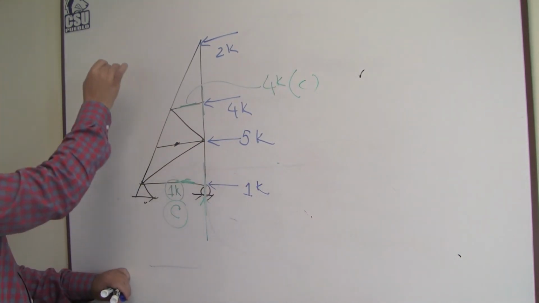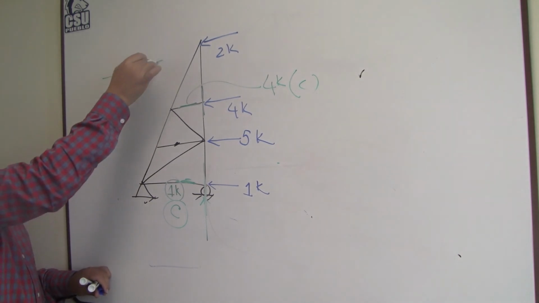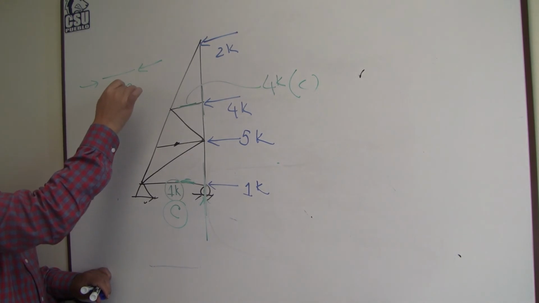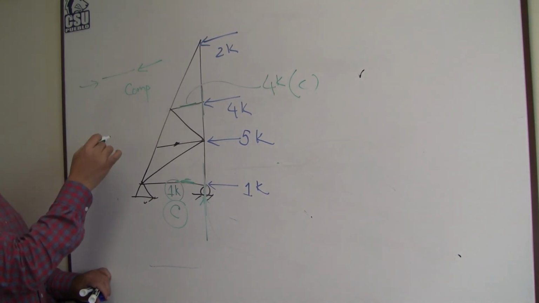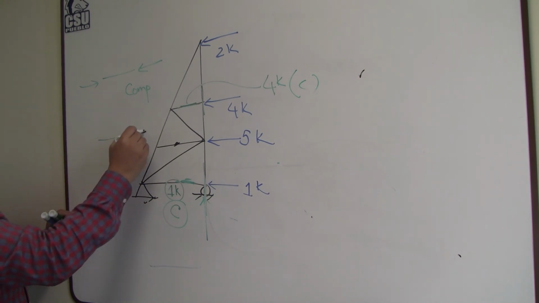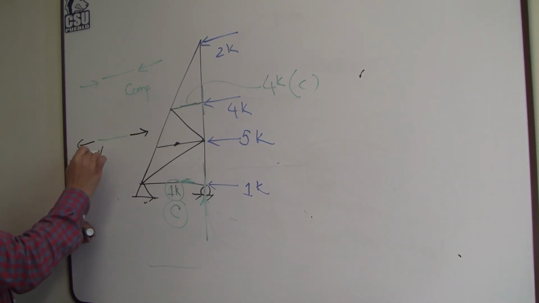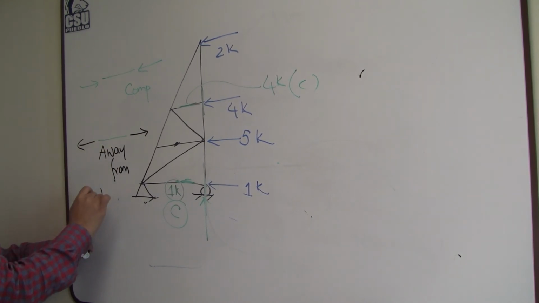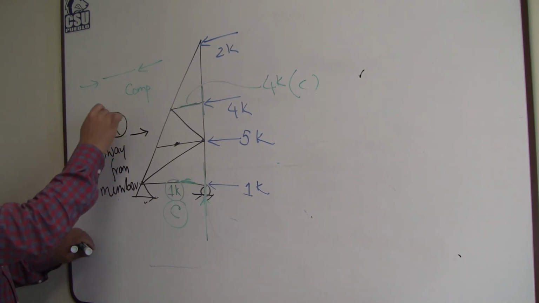Again, to clarify, the member is here. If the force comes towards the member, it is compression. If this is a member, if the force goes away from the member, then it is tension.